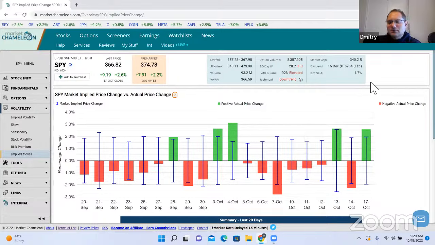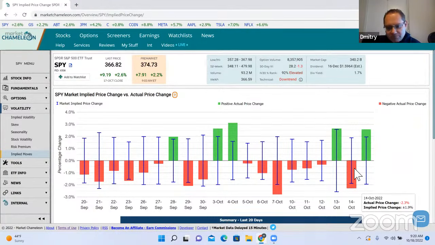The bar up and down is based on where the implied volatility closed, and based on that, we could interpolate the market's implied daily move. So here, I'm hovering over this bar. The implied daily move was up or down 1.9%. Yesterday, we were up 2.6%. That move exceeded the daily implied move, okay, average daily implied move.